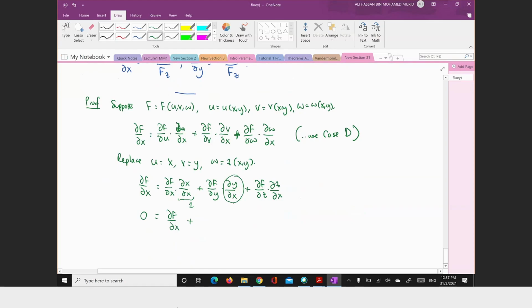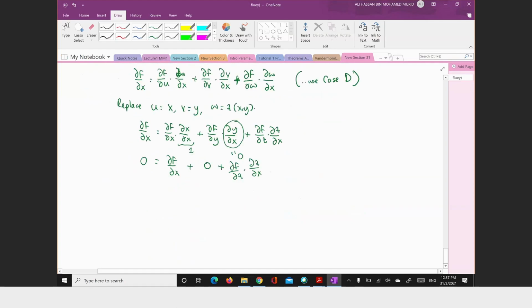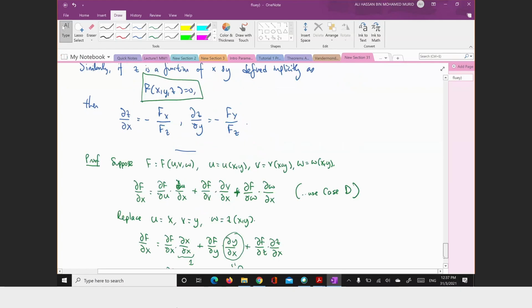So this is 0, and then we have f partial z times z partial x. So now we solve for z partial x. That gives minus f partial x over f partial z. So that proves this formula for z partial x.